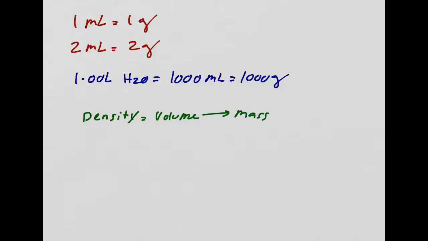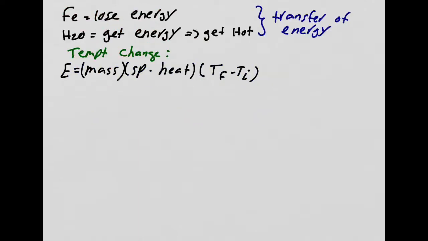So here I have the volume of water. I have the density of water. I can convert it to the mass of water. Alright, so that means the mass of water is 1,000 grams. The specific heat of liquid water is 4.184 joules over gram degrees Celsius. All the units are great. The final temperature of water was 32.8, right?